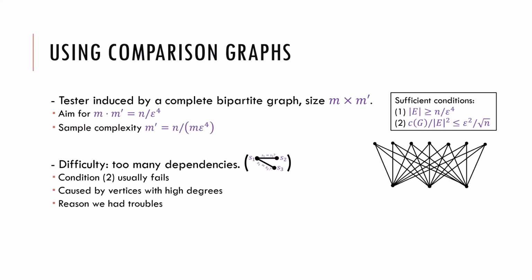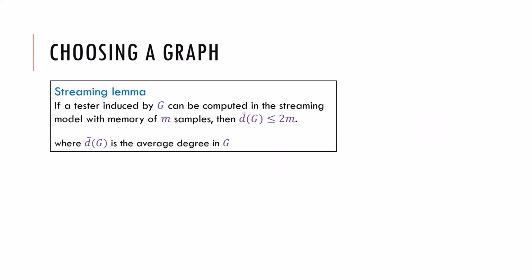They needed to use heavy analysis, and they needed to adjust the algorithm a little bit, probably because the dependencies here were very problematic. So maybe we can ditch those dependencies. Maybe we can use a different graph. Is that not the right graph for the streaming model? And this brings us to the question, what is the right graph, and how do we choose a graph for the streaming model? This is a good question, and here's a partial answer.